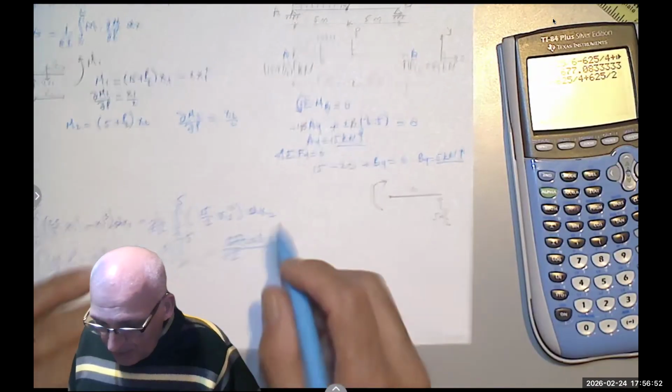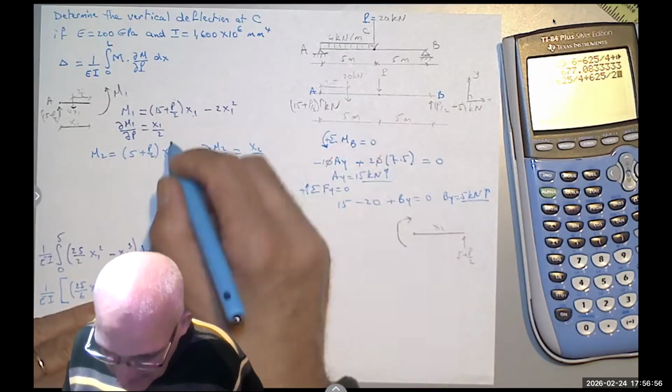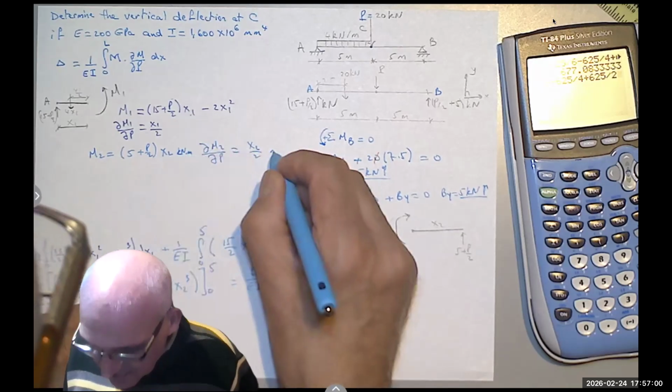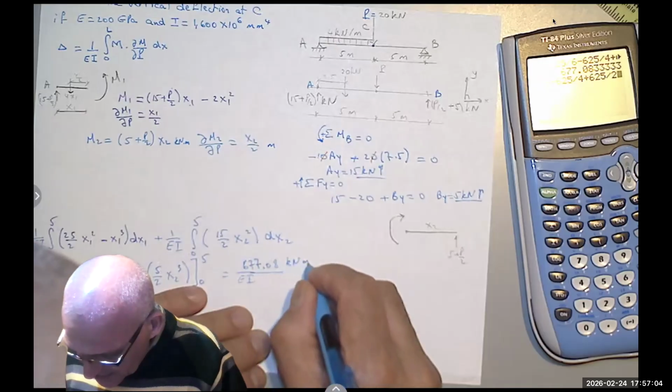Okay, so now notice the moment is kilonewton meter, and then we multiply by meter, so the numerator is kilonewton meter squared.